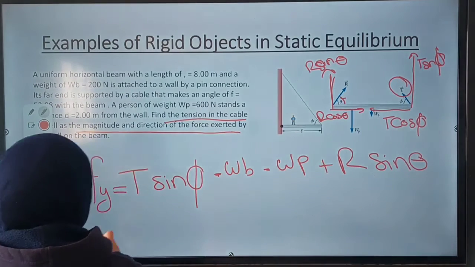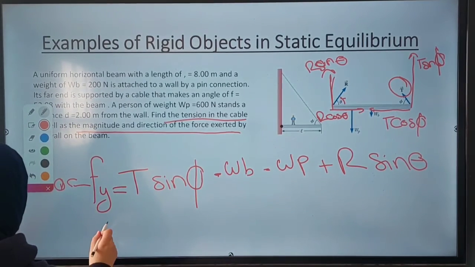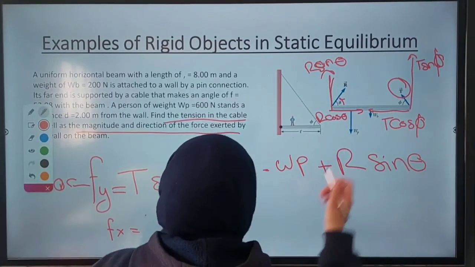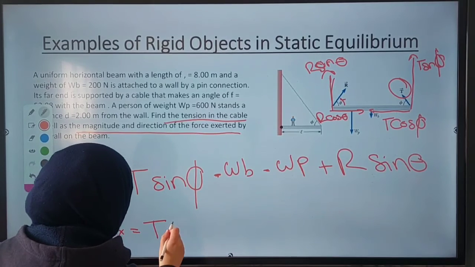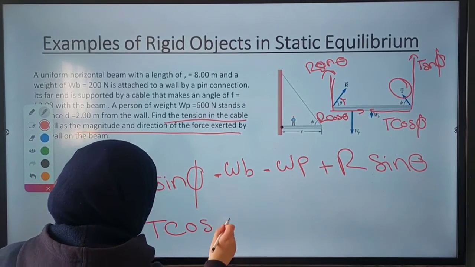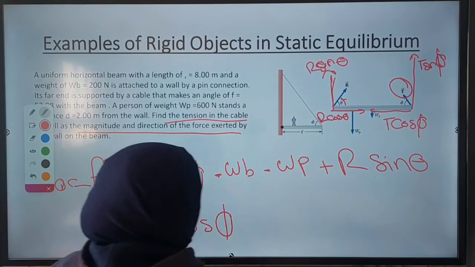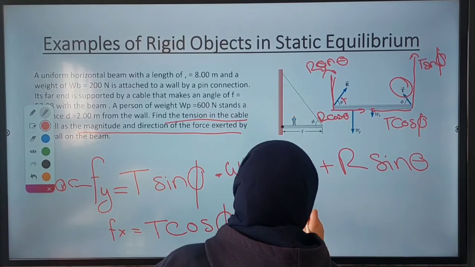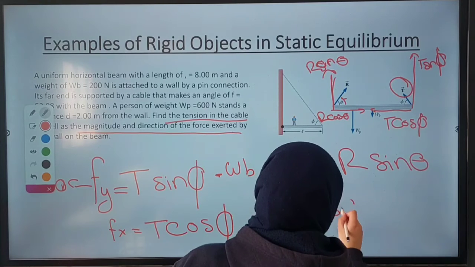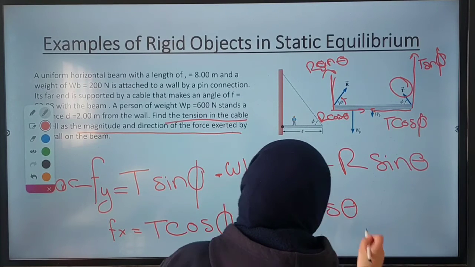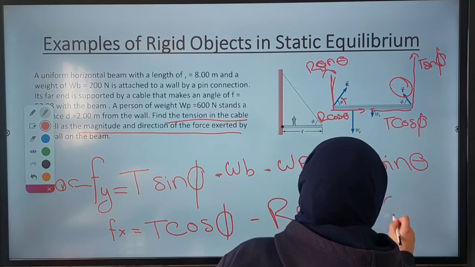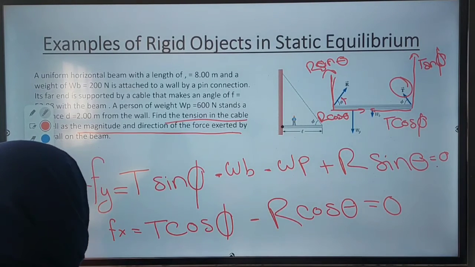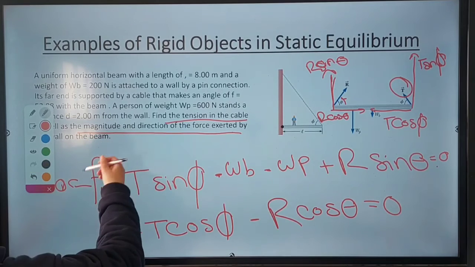Here, number 1. Okay, to make the solution easier. And for the x-axis, the sum of forces in x equals T cosine alpha minus R cosine theta equals 0, because they are at equilibrium.